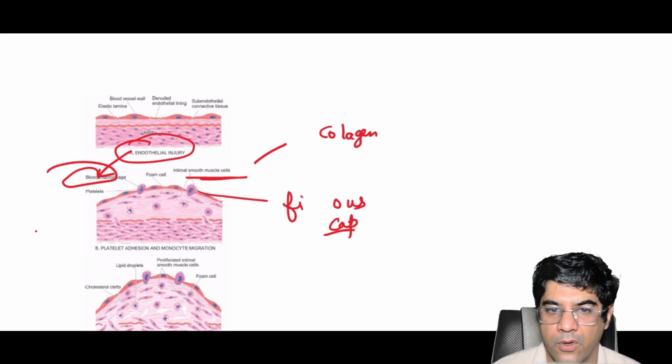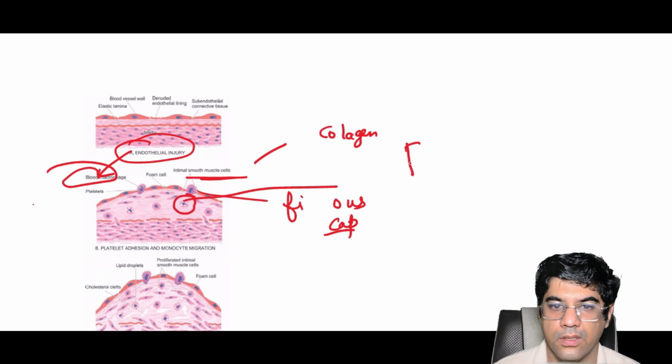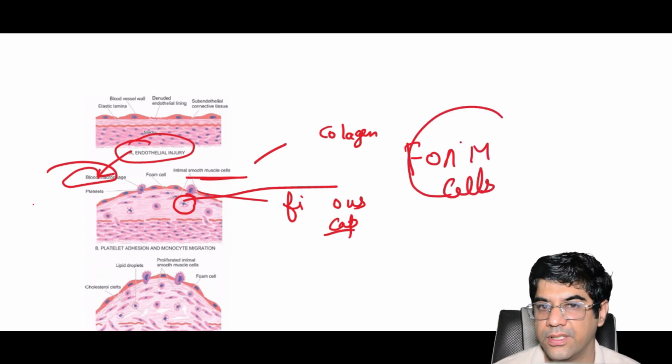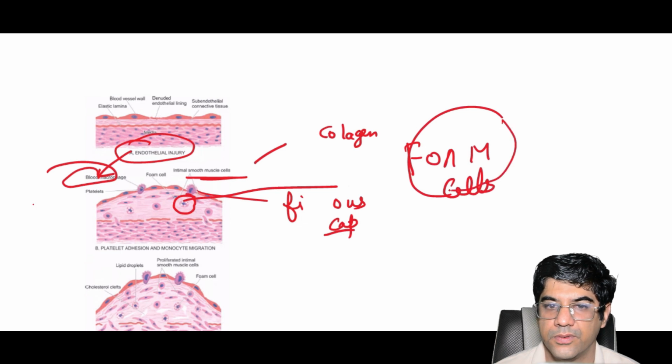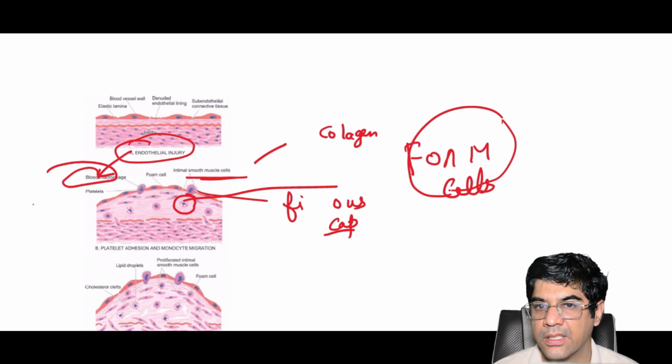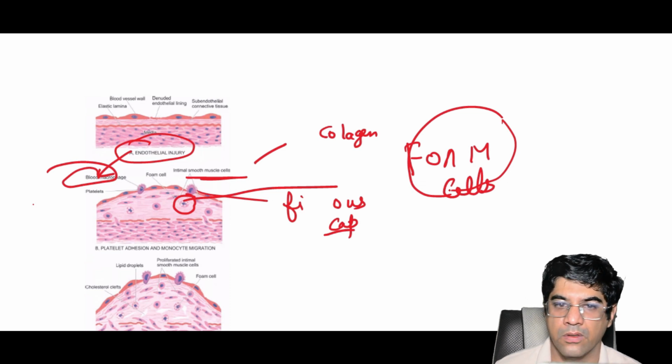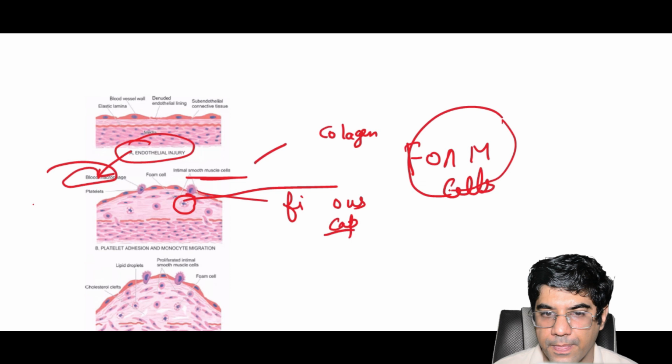They enter the arterial wall and engulf the oxidized LDL cholesterol and transform into foam cells. Remember, these foam cells are the hallmark of the early atherosclerotic plaque.